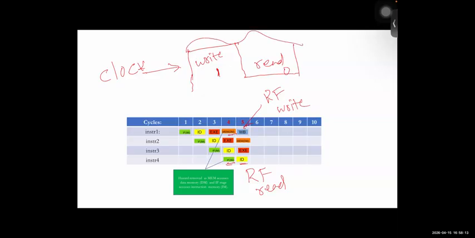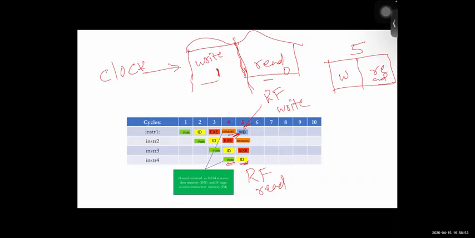So in this stage, the first half is used for writing and the second half used for reading. From this entire signal at stage 5, from that port, if the first half is used for the write and the second half for the read, the first instruction writes the result in write back, and in the second half, instruction 4 reads the data from the register file.